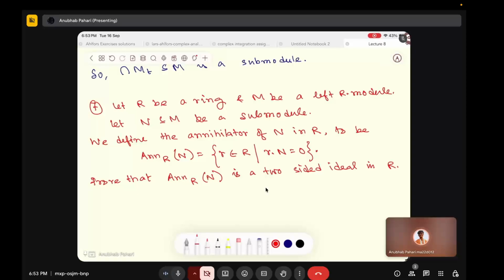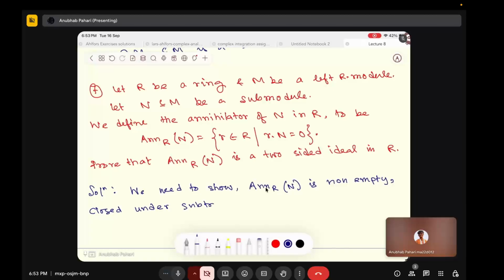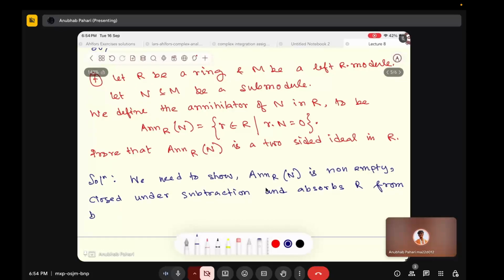Okay, so let us do the solution. So we need to show that the annihilator of N is non-empty, closed under subtraction and absorbs R from both sides, because we want to show that it is a two-sided ideal.